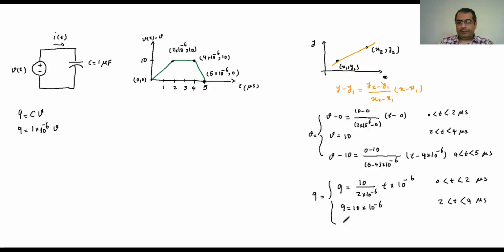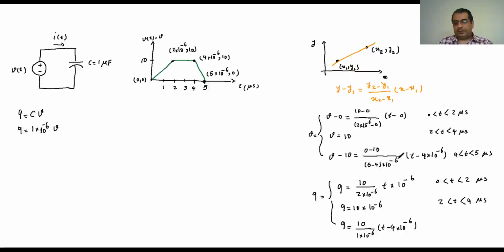And then I'm going to have the cube for the last. So this one, I have to rearrange it before I actually multiply it by 10. So it's going to be 10 divided by 5 minus 4, which is 1. So it's going to be 1 times 10 to the negative 6, times t minus 4, times 10 to the negative 6.